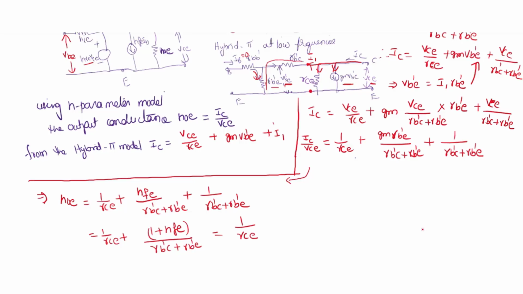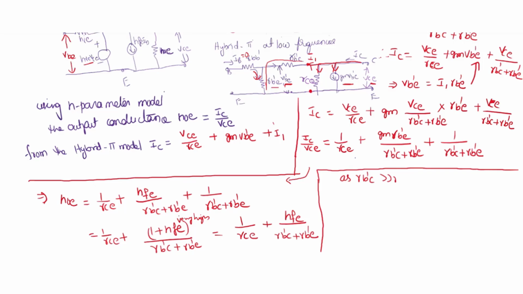You all know HFE is very high. So when HFE is very high, 1 can be neglected when compared to HFE. So it is HFE by RB dash C plus RB dash E. RB dash C is far greater than RB dash E. We know RB dash C is the reverse resistance, which is in terms of mega ohms, and RB dash E is the forward resistance, which is in terms of ohms.